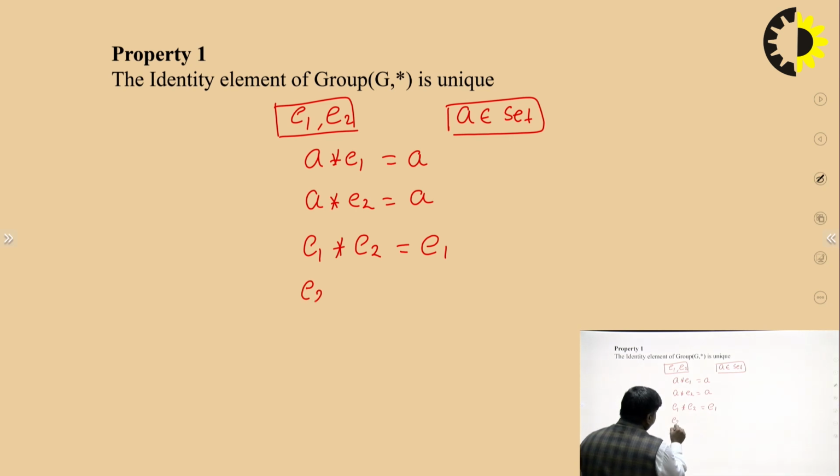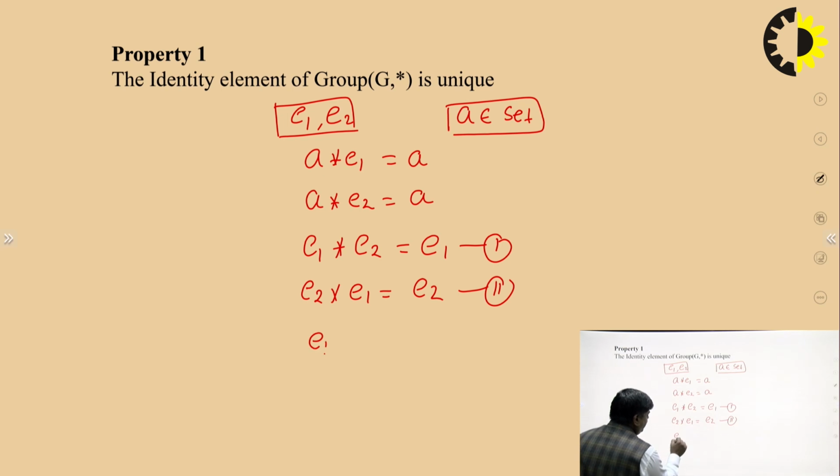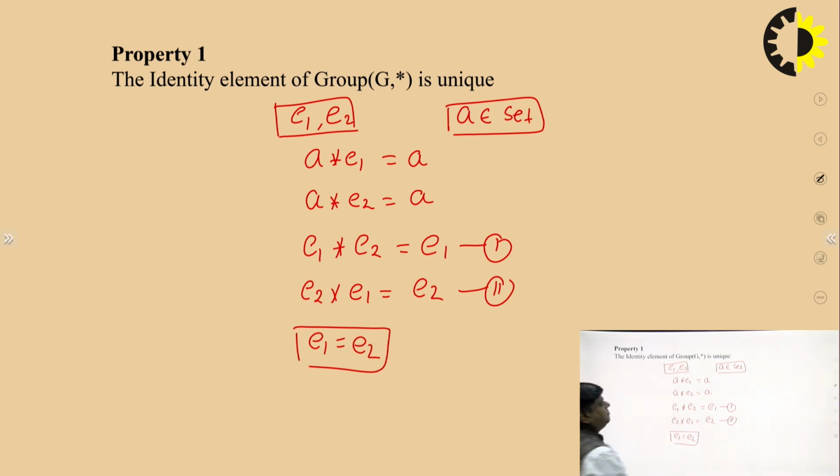Similarly, E2 an element and the identity is E1, then it is known as the E2. From these two equations, we can say that E1 is equal to E2. That is very simple. It means the identity of the group is unique.